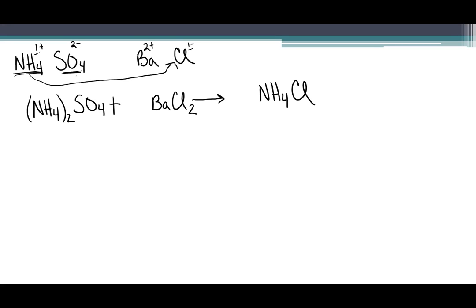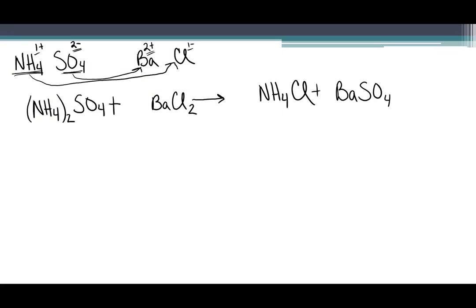And sulfate also needs a new partner. Who's the only one that's left or the only one that makes sense? Barium. So barium and sulfate are going to come together. Sulfate's a minus 2, barium's a plus 2. So again, 1 and 1, they come together and balance each other out. Okay.